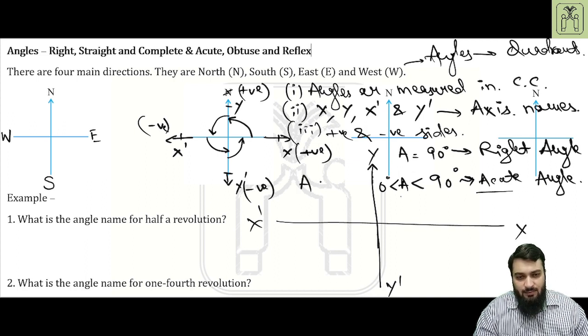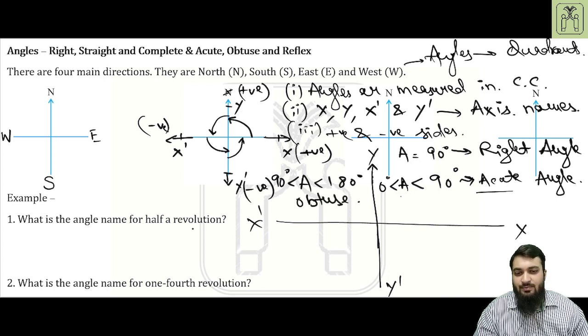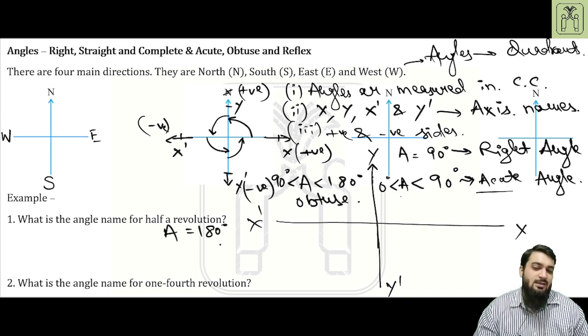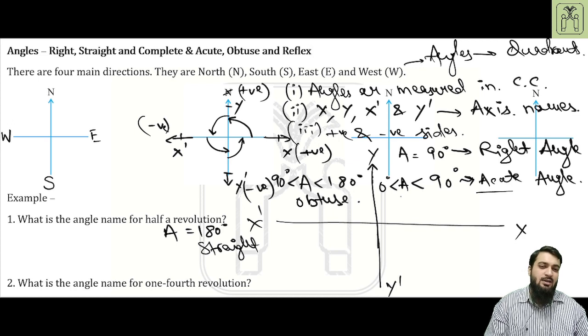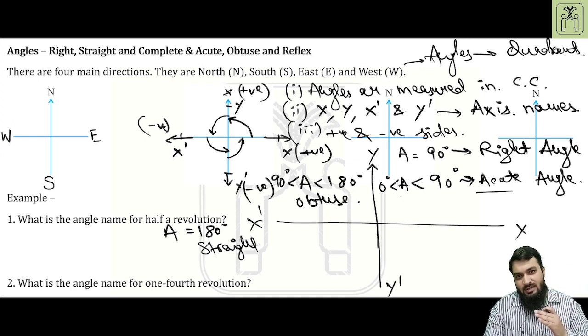When the angle is less than 180 degrees but greater than 90 degrees, then what? Then it is known as the obtuse angle. And if the angle is equal to 180 degrees, then it is known as the straight angle. So far I think the things are clear: acute angle, right angle, obtuse angle and straight angle.